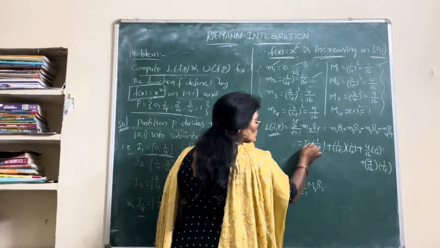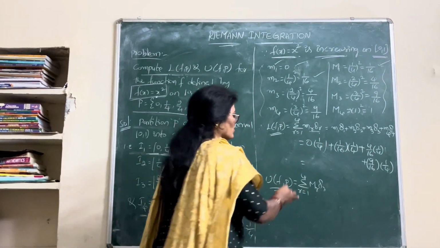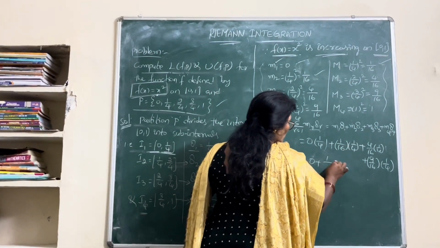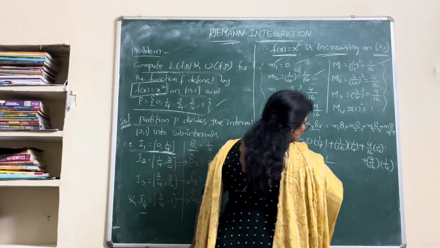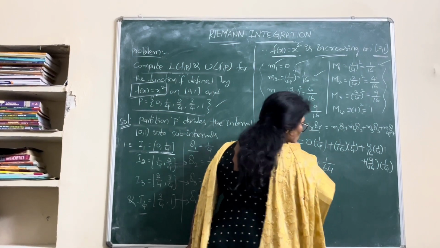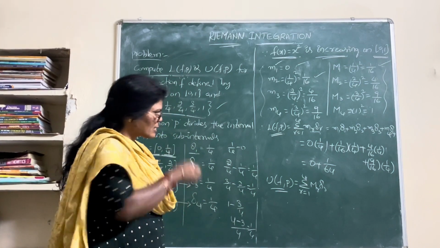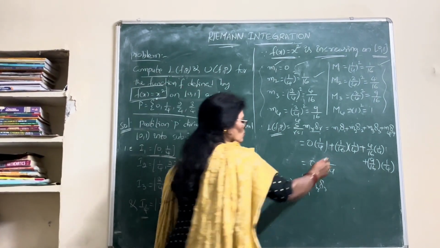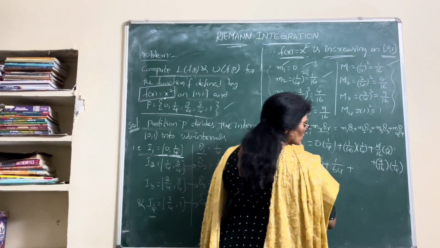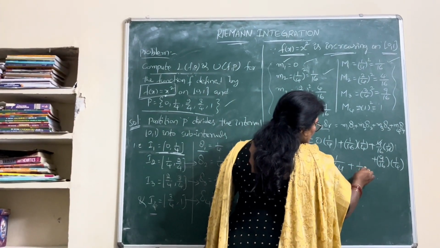That should be equal to 0 into something, we should get 0 only, plus 1 into 1 by 16. 1 by 16 fours are 64, plus here 4 gets cancelled, 1 by 16.